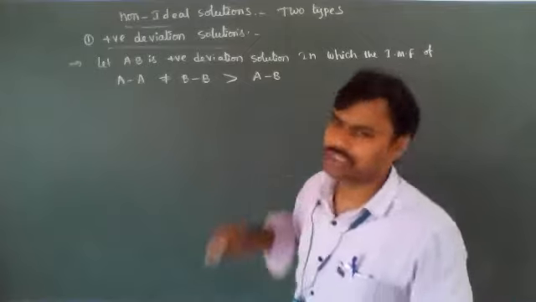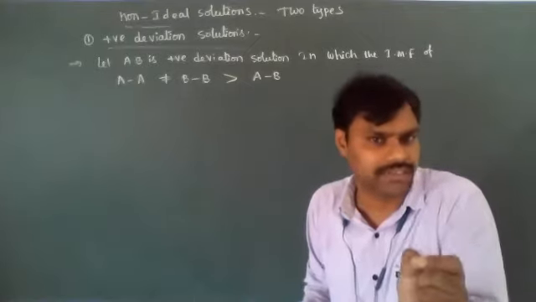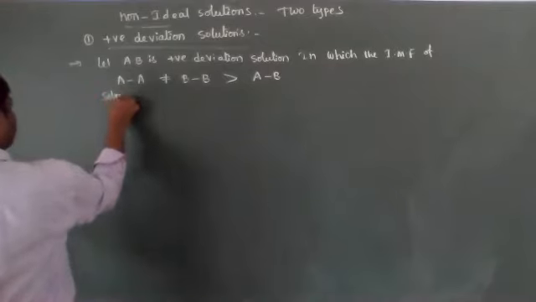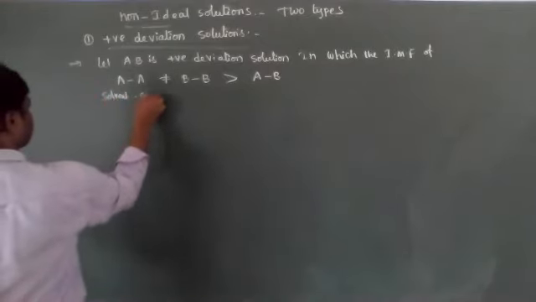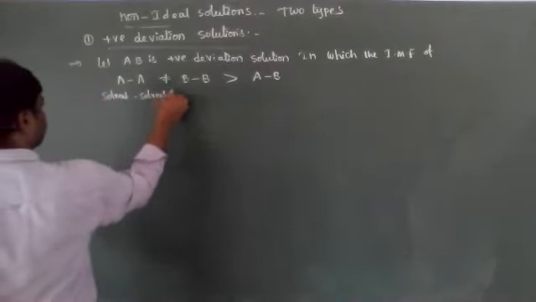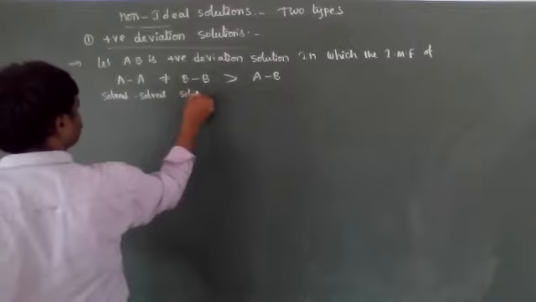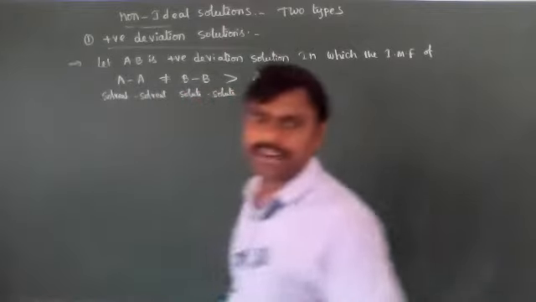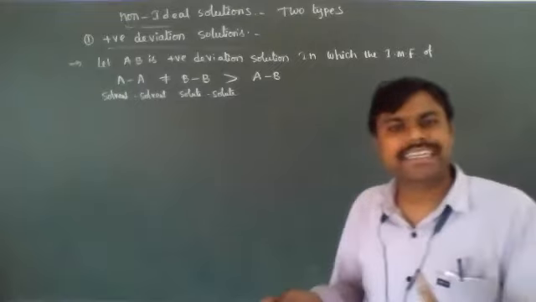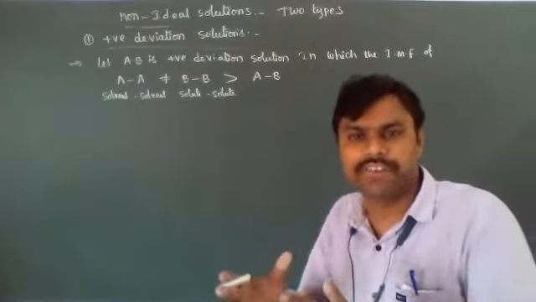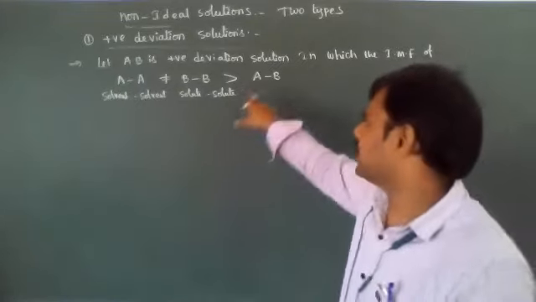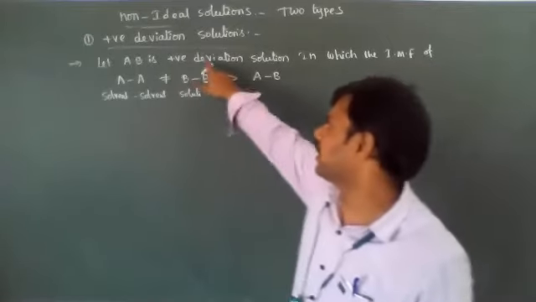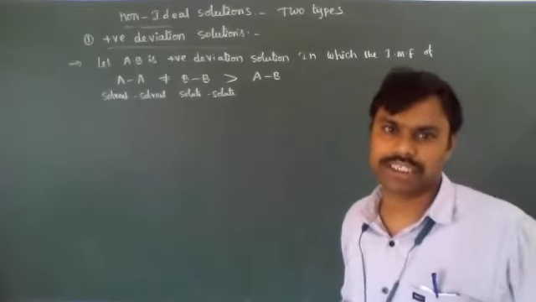Then they form positive deviation solutions. In positive deviation solutions, A means solvent and B means solute. Such types of solutions are called positive deviation solutions.